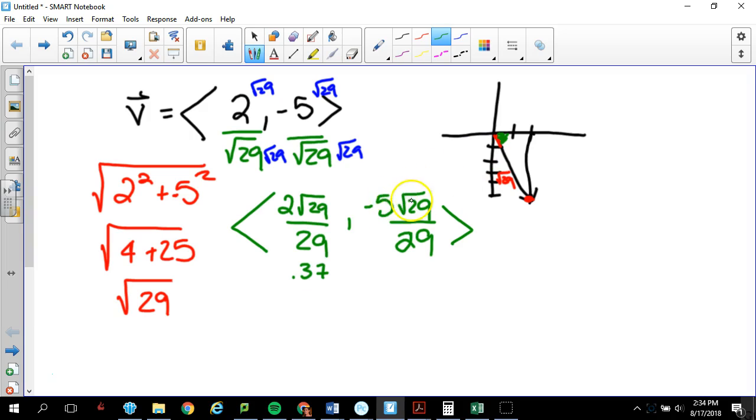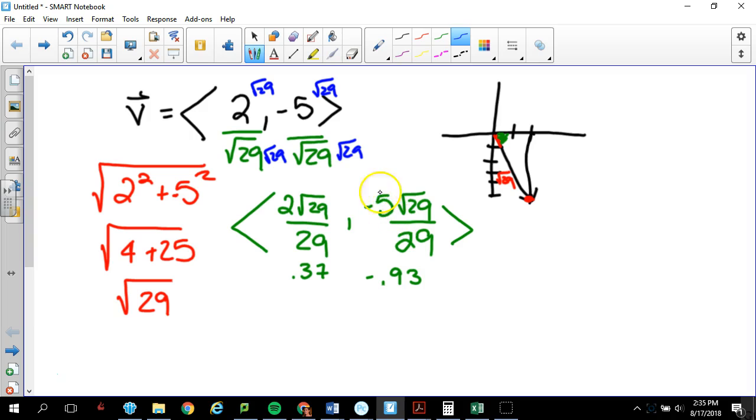And then I've got -5 square root 29 divided by 29, and as a decimal, that's going to be -0.93. So this side right here would be 0.37, and I'd be going 0.93 here. If I do the Pythagorean theorem, I'm going to end up getting 1. That's the idea. So let me check that.